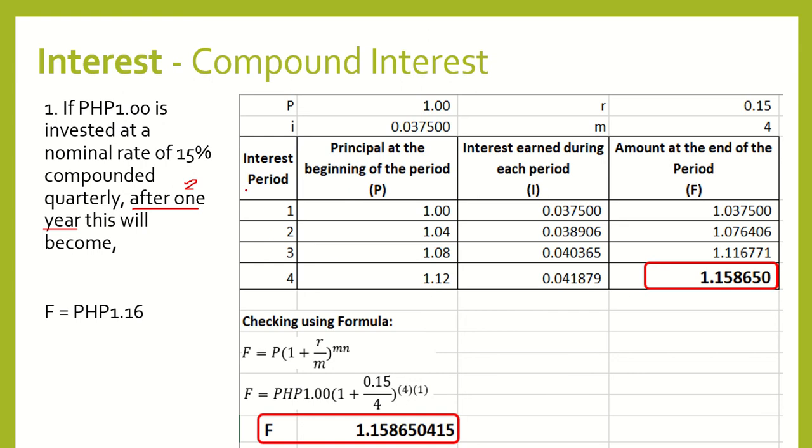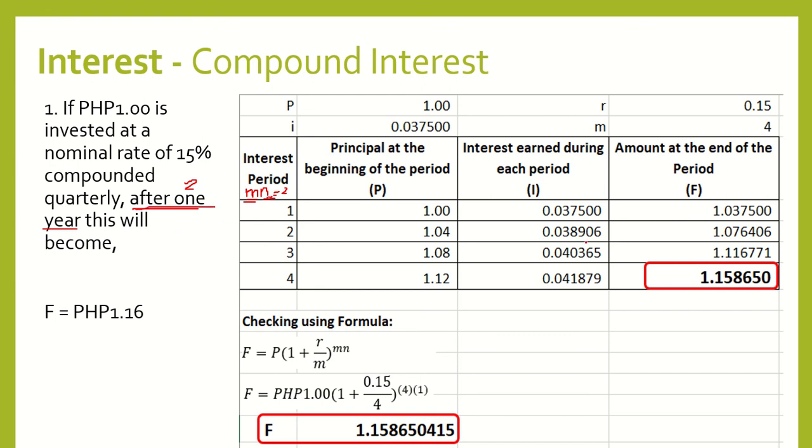How will we calculate that? That would be m times n. The number of interest periods is equal to the number of compoundings times the number of years. When n is equal to 2, then we have 4 times 2 is equal to 8, so it will be until 8 interest periods. But in this problem, we only have after 1 year.